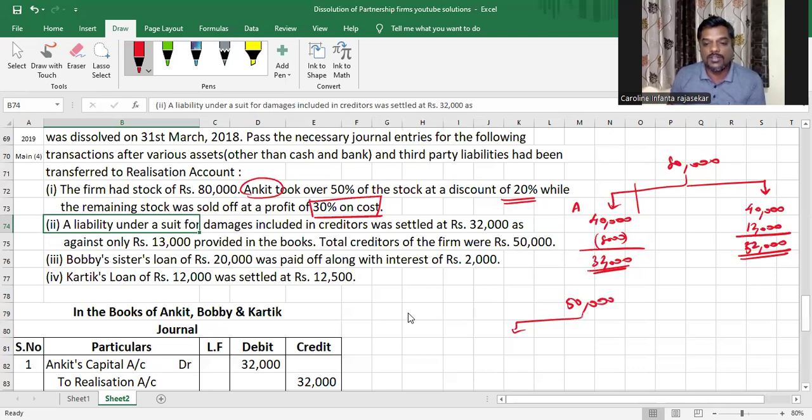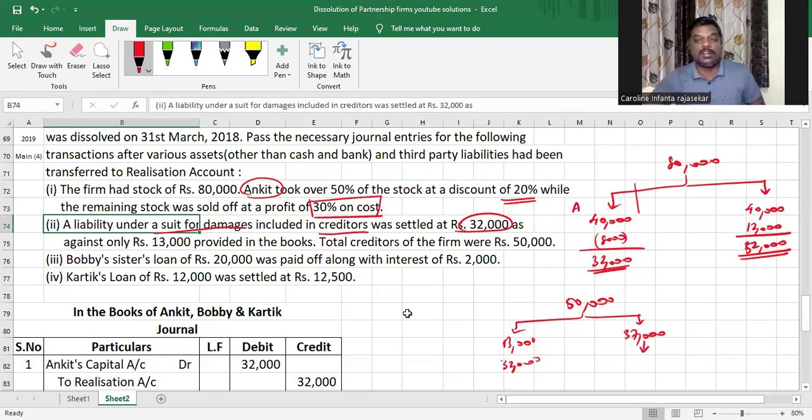Out of that, 13,000 has been settled at a certain price. A liability under suit for damages included in creditors was settled at 32,000, but its original value was only 13,000. So how much are the remaining creditors? 50,000 minus 13,000, 37,000.